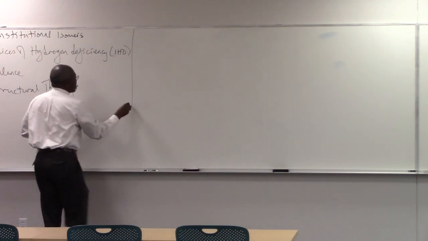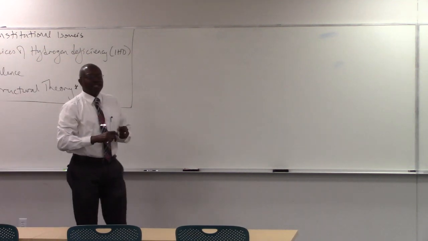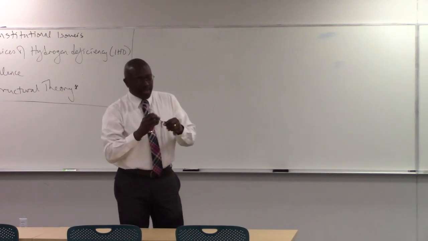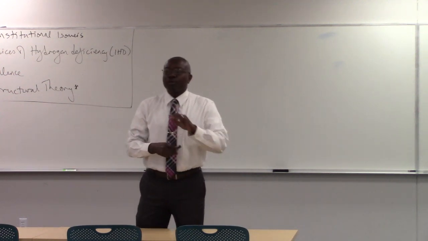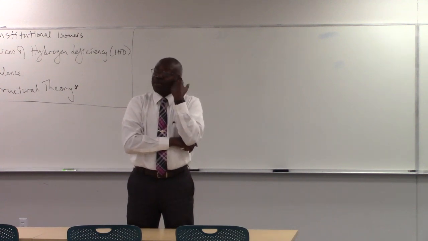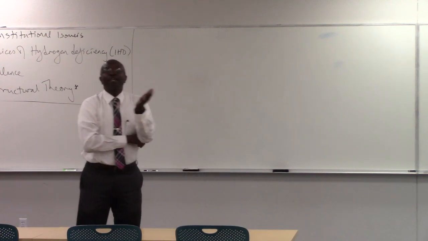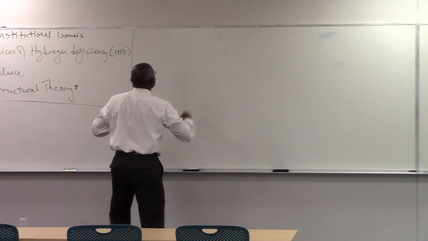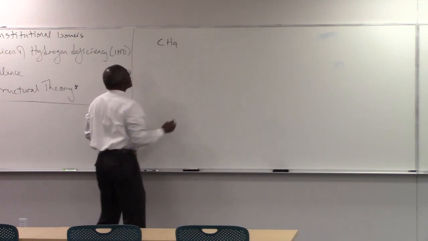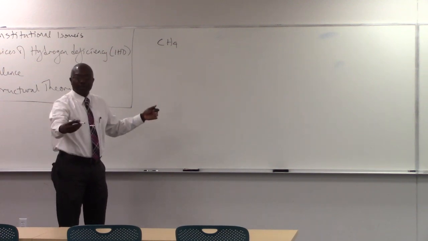The structural theory really is, at its heart, a series of very simple rules that govern our ability to draw reasonable structures for organic compounds. For example, suppose I tell you I have a compound whose molecular formula is CH4, and I ask you to draw the structure of CH4.